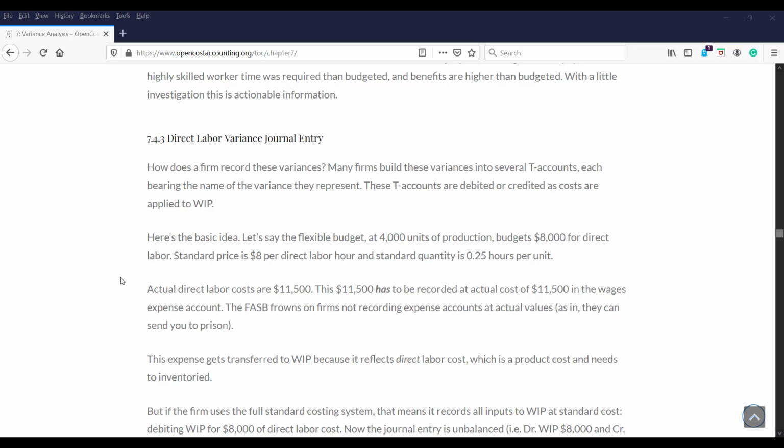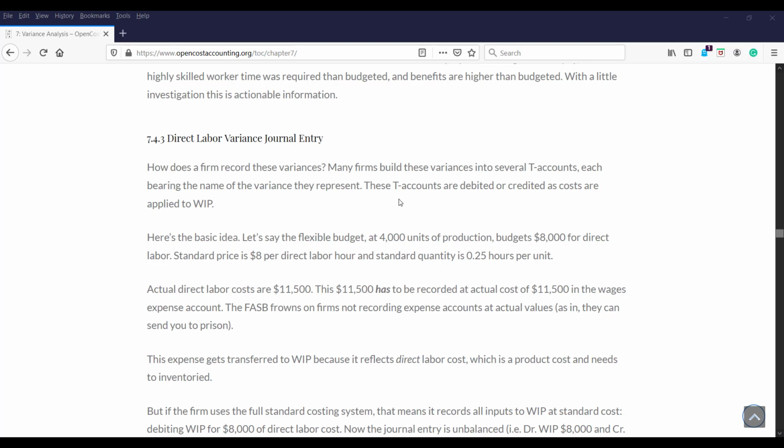So the way that we do this is that when we're entering the journal entries, we're going to go ahead and include the variances in the journal entry. Variance T accounts are expense accounts, a special type of expense account, and you're going to debit or credit them based on the variance. We'll talk about that here in a second.